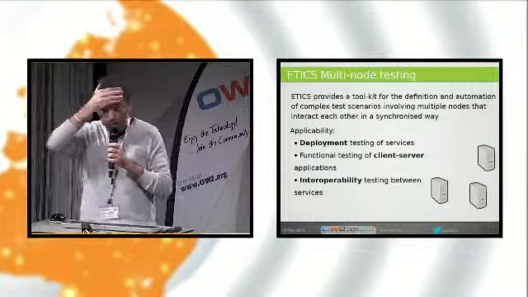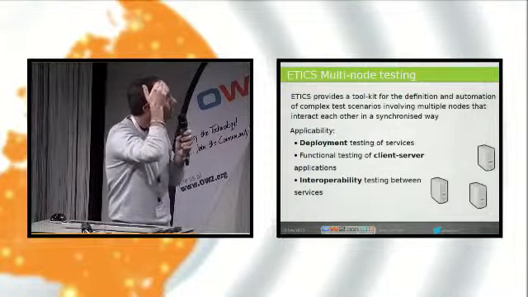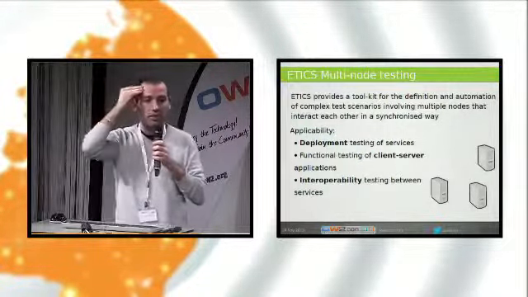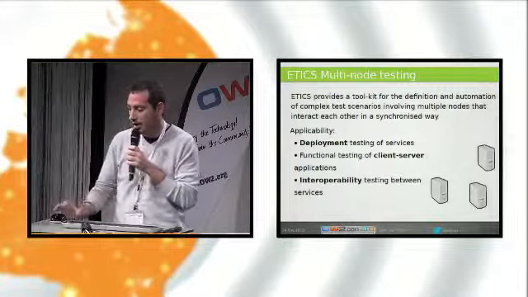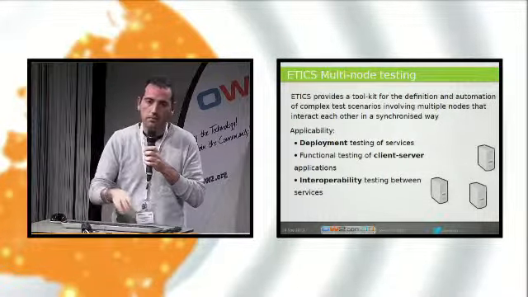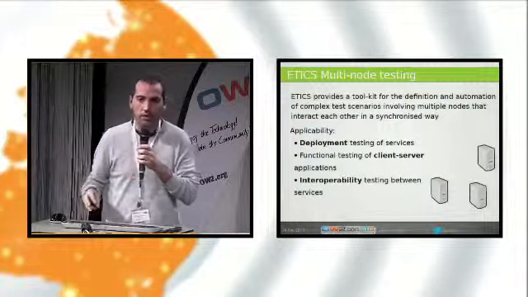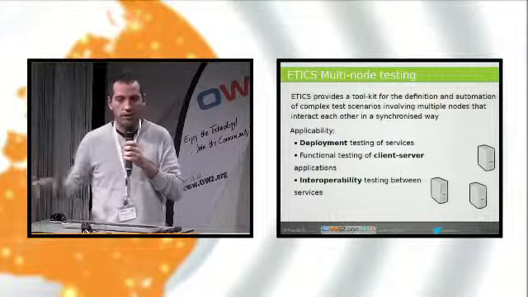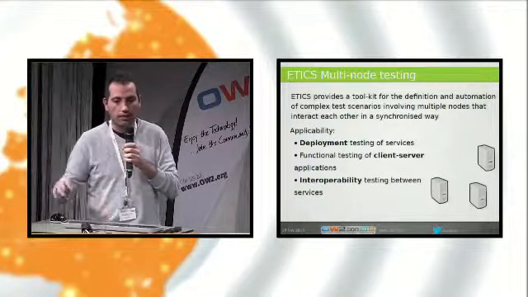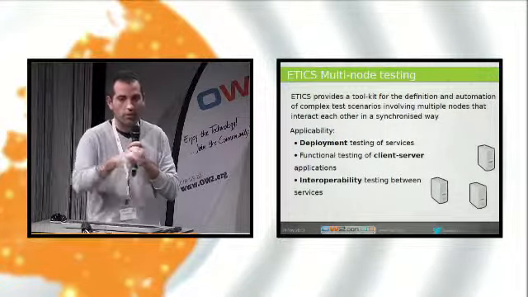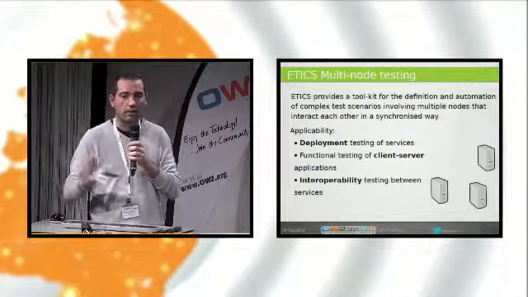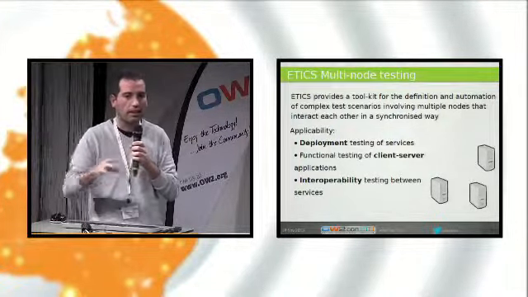Okay, coming back to the multi-node testing, as I said, ETICS provides support for this kind of test, and provides some facilities for defining, executing and managing the execution of tests that are executed on different nodes. So it's really useful, as I said, for testing a client-server application.